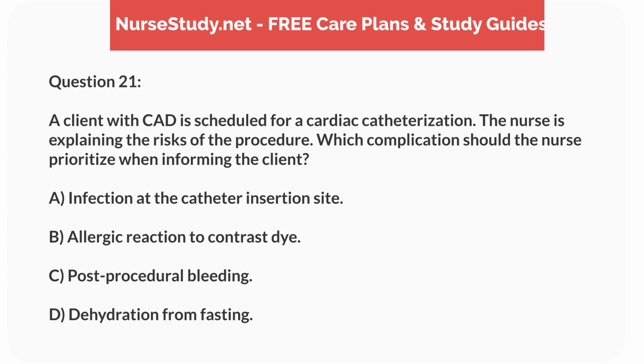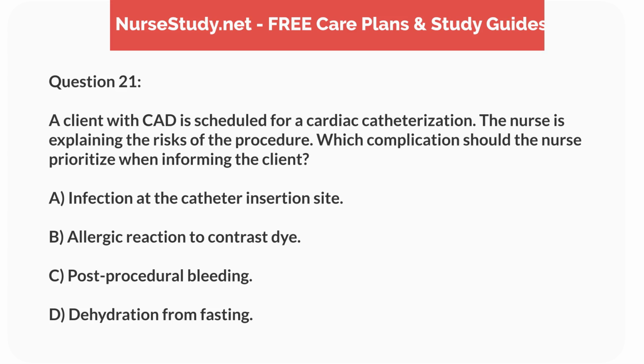Question 21. A client with CAD is scheduled for a cardiac catheterization. The nurse is explaining the risks of the procedure. Which complication should the nurse prioritize when informing the client? A. Infection at the catheter insertion site. B. Allergic reaction to contrast dye.